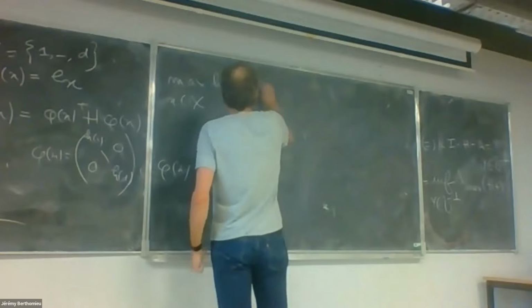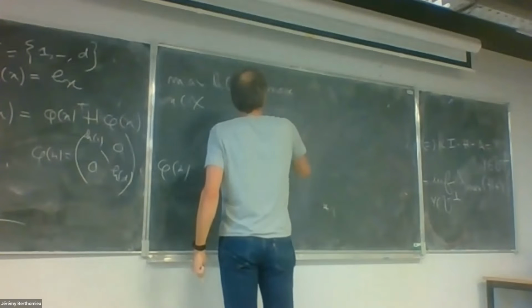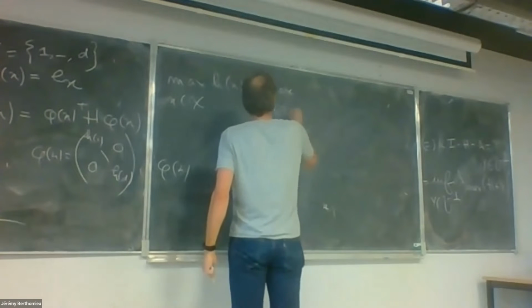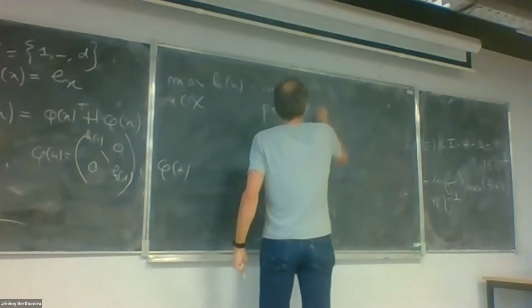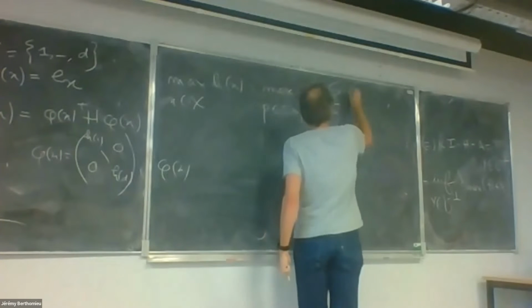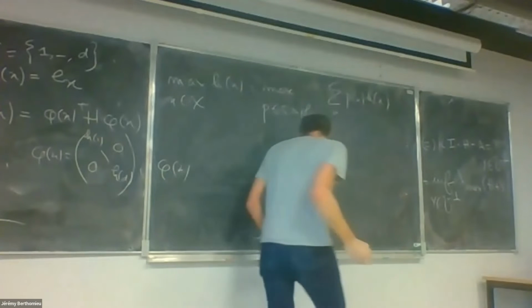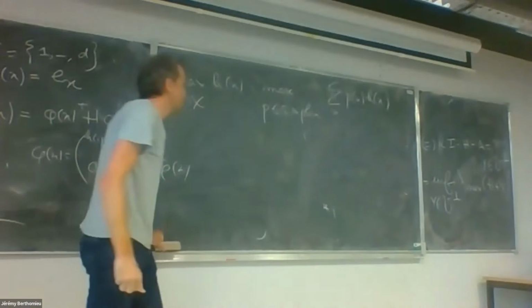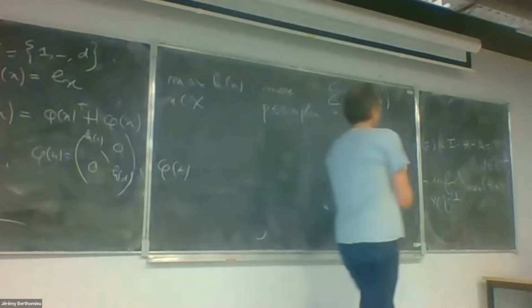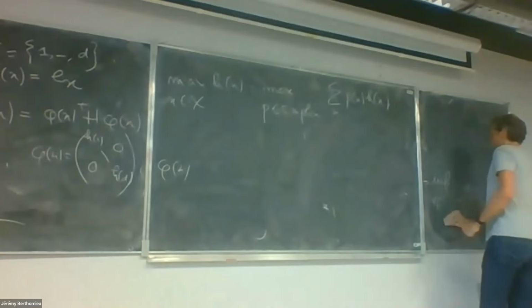You see it as the max over P in the simplex of the sum over X of P of X times h of X. Then on this one, you add a strongly convex term, and the one I'm going to add is the entropy from yesterday.